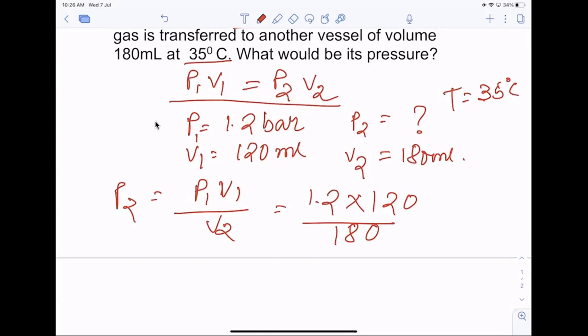If we do the calculation, we'll get the value 0.8 bar pressure. So its pressure will be 0.8 bar.